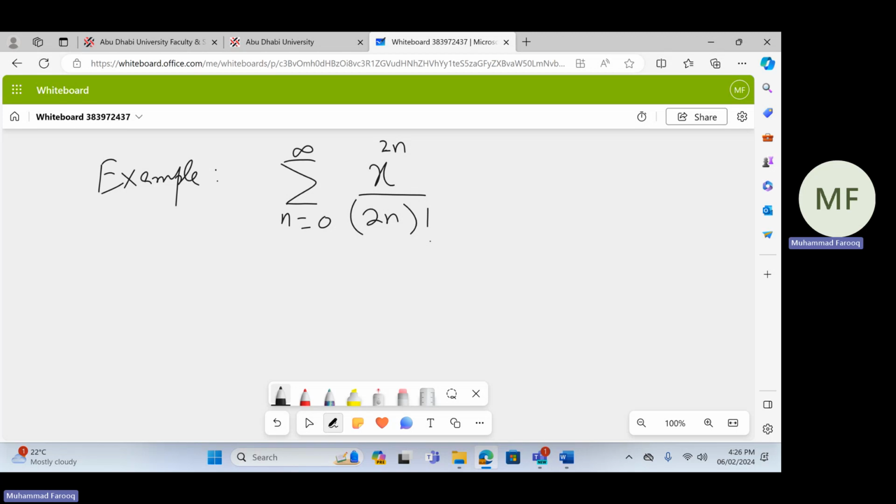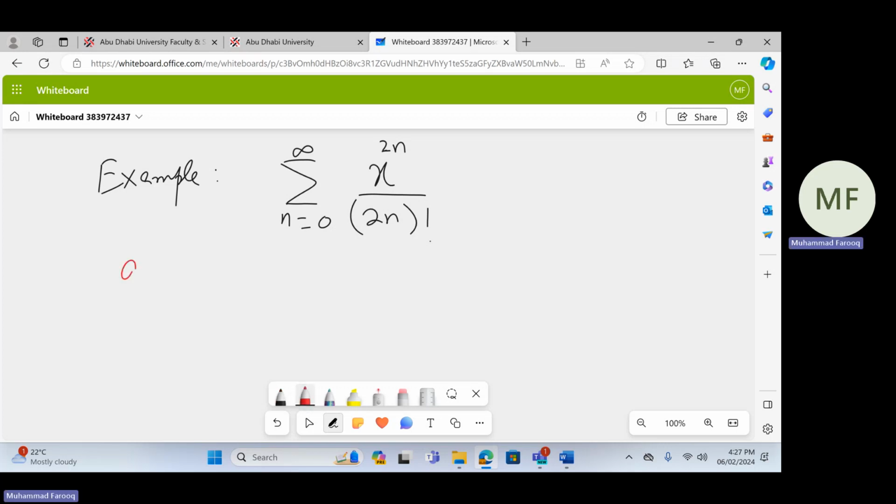If you have 2n plus 2 factorial, can you split it into 2n factorial and then something? No, please. This is the whole factorial, a complete factorial, okay? So you cannot break this up. When you replace n, the factorial applies to the whole thing at the end.